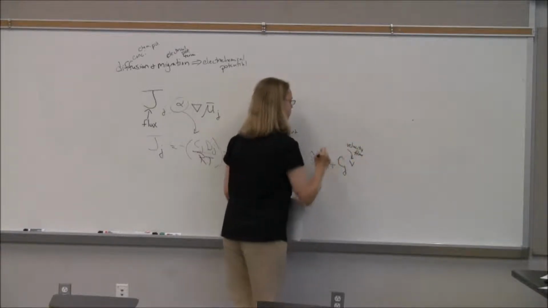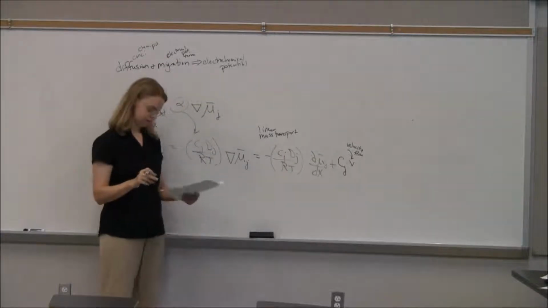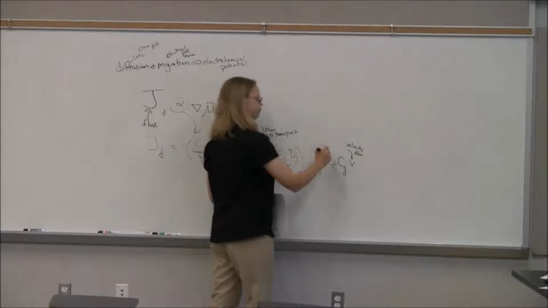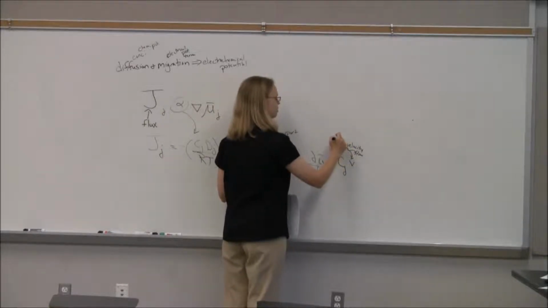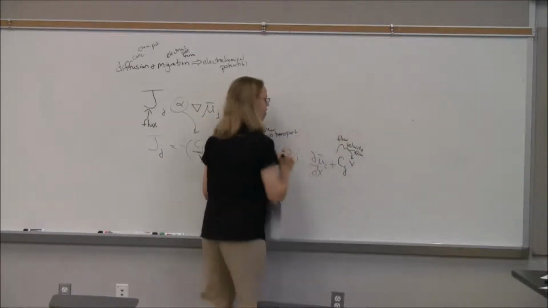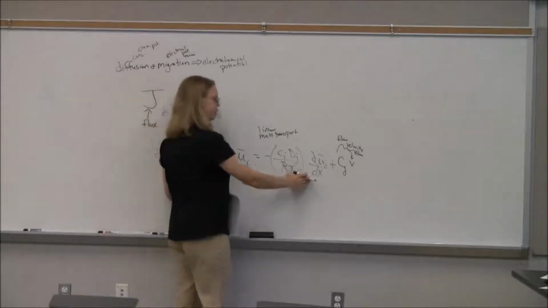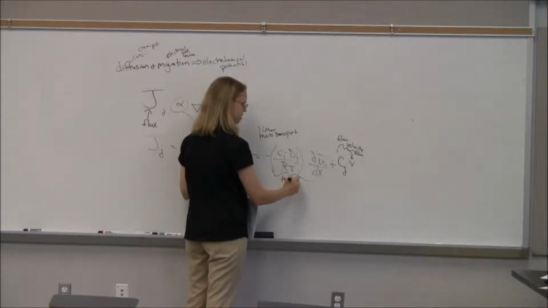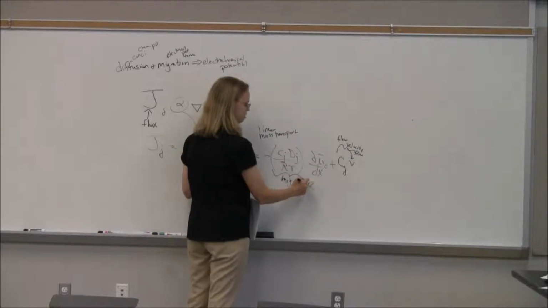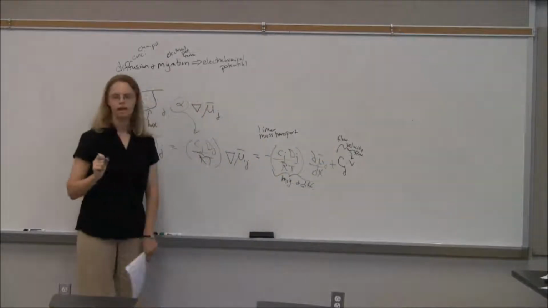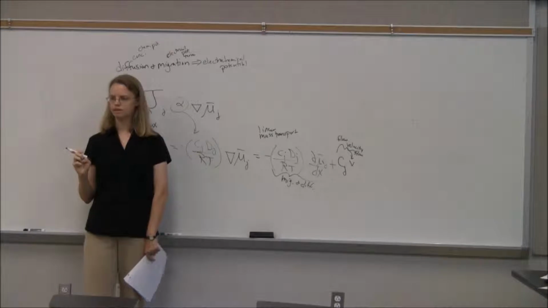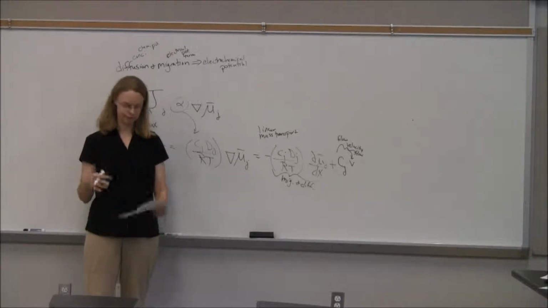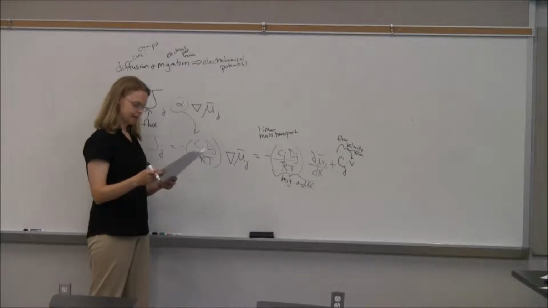So think flow rather than convection. So we could add a term of flow. As I said, this term is both migration and diffusion, and that term's flow. And it still doesn't look like anything you know how to really solve.